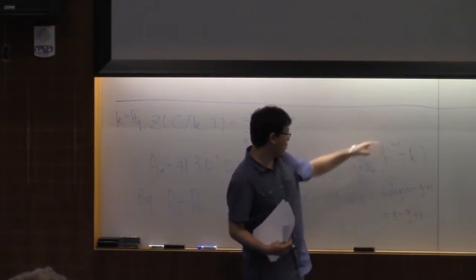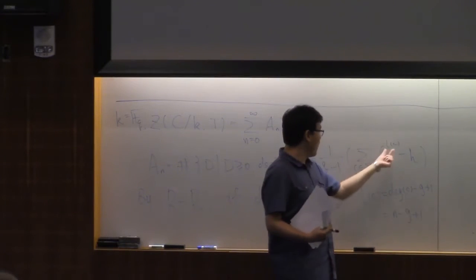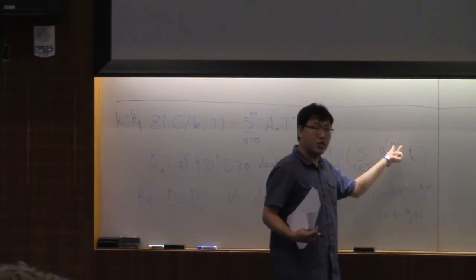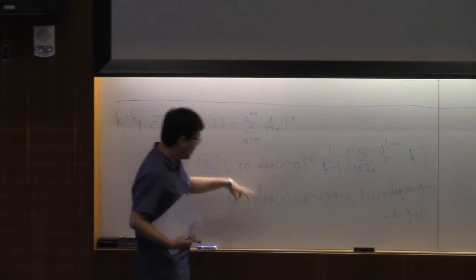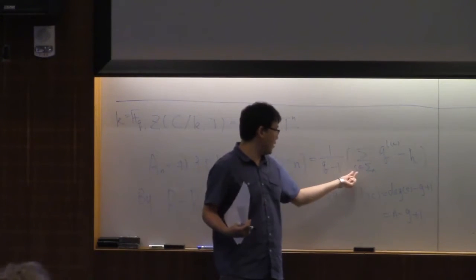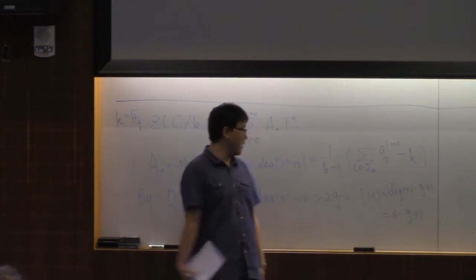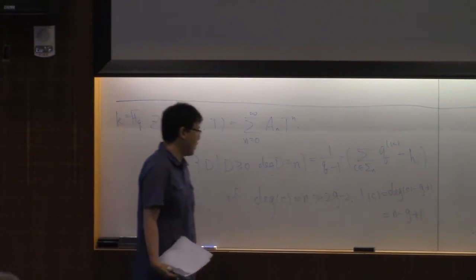So under this expression, the only number we don't know at this moment is this exponent. But by the Riemann-Roch theorem, the degree of the divisor here is n, because D is a representative in the set of divisors of degree n.